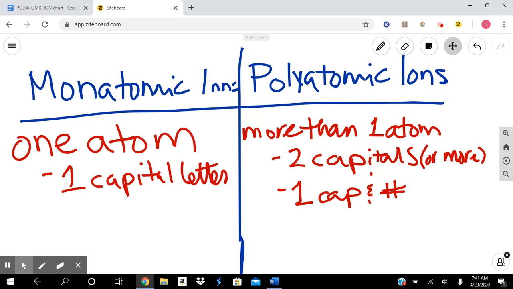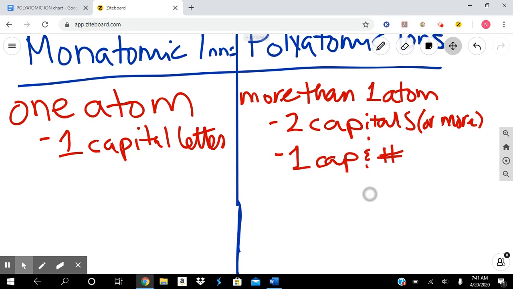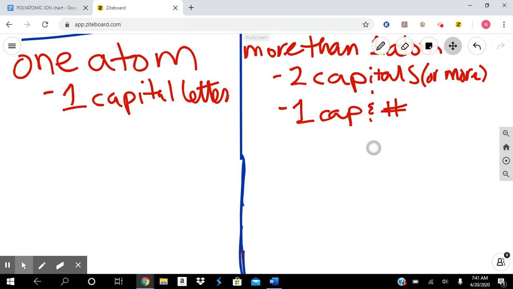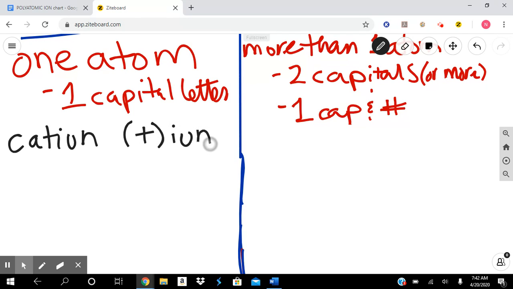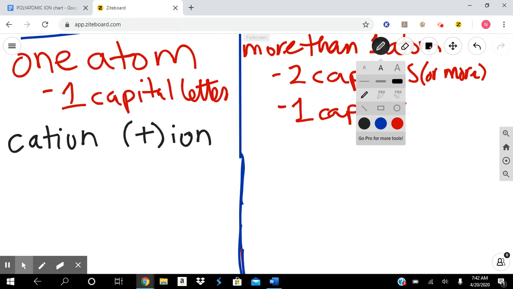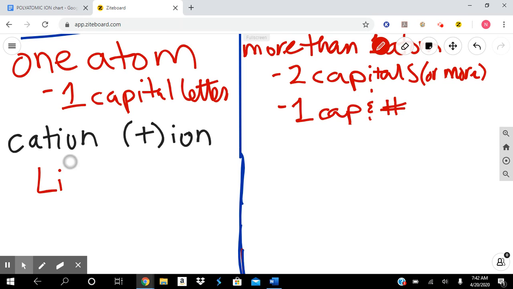Throw in a little bit more vocab. Monoatomics, when we wrote them, the first one that we wrote was the positive ion, or the cation. And a cation is a positive ion. So a few cations that we had were ones that were +1, like lithium.